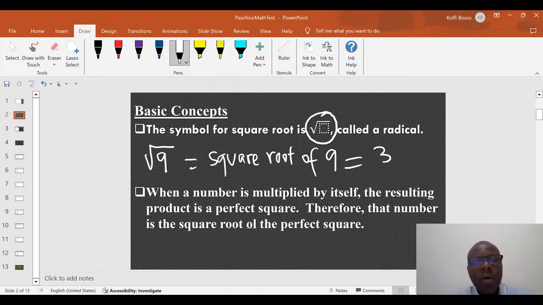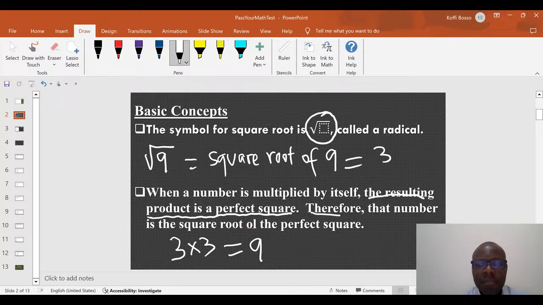Now, when a number is multiplied by itself, let's say I take a 3 and multiply 3 by itself, the resulting number, a product, is a perfect square. If I multiply 3 by 3, I get 9. That's the result, and this 9 we call a perfect square.